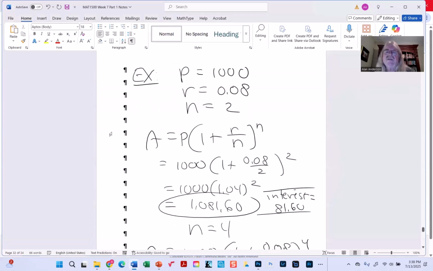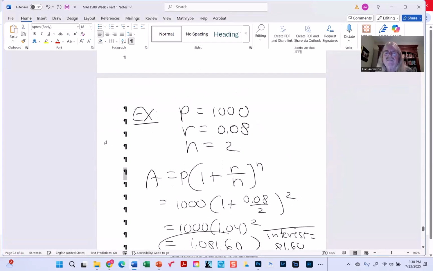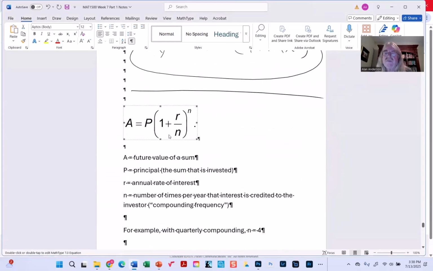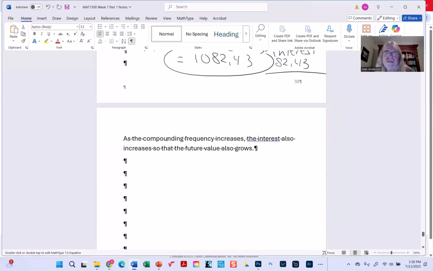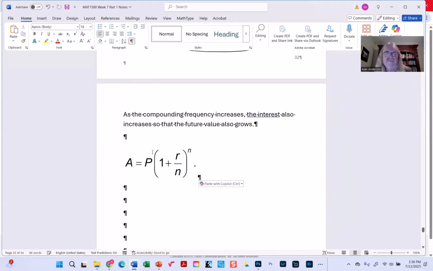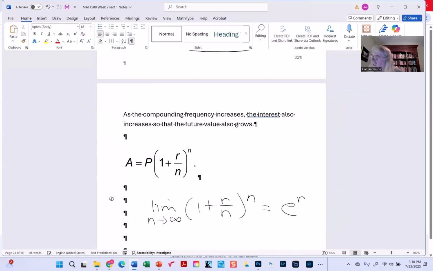If I take the limit of this as n goes to infinity, I'm going to get a very special result. You'll recognize right away what this is all about. It reduces to e to the r.